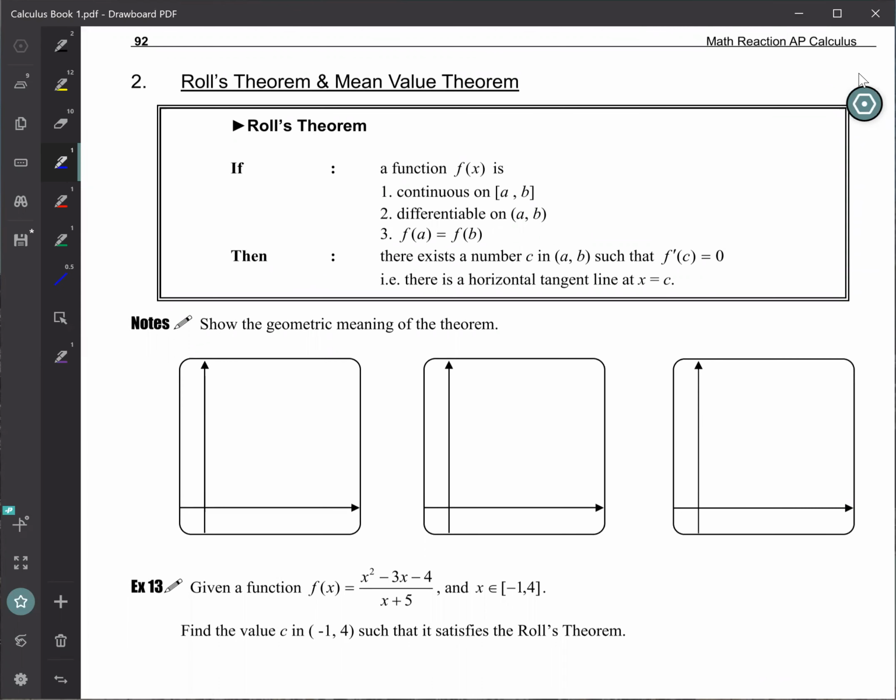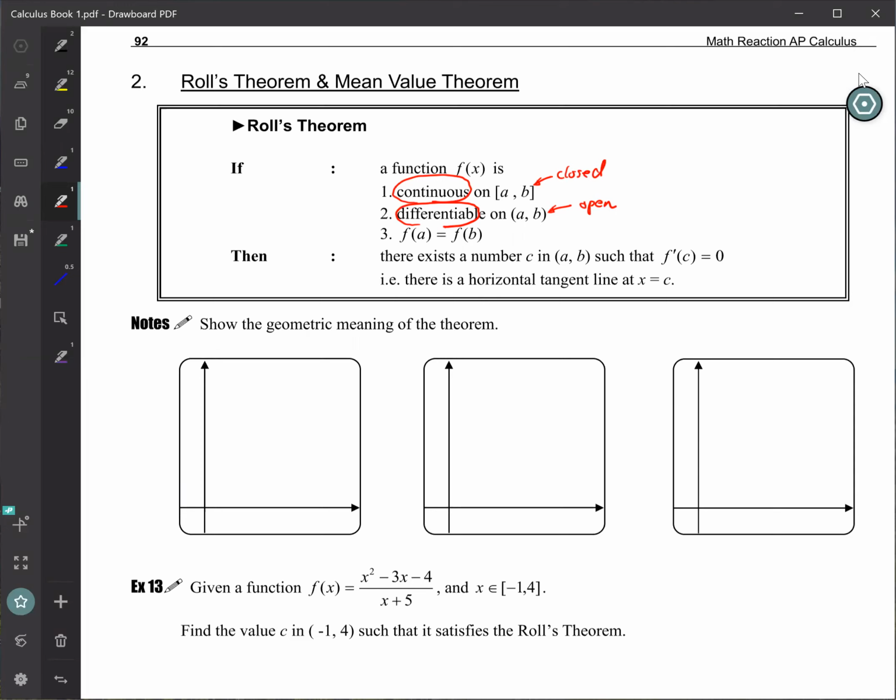He says if the function f of x is, first one, continuous on a closed interval, and then differentiable on an open interval. Okay, because you cannot take the derivative at the endpoints, right?